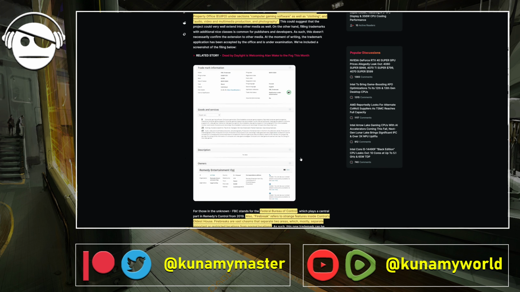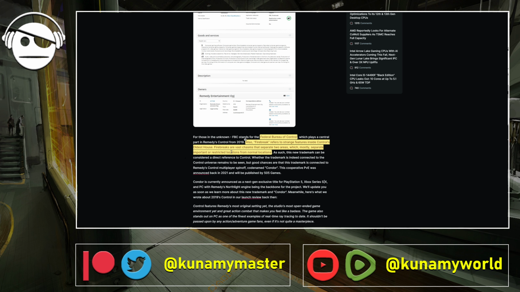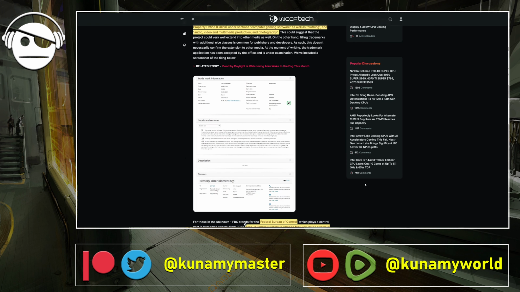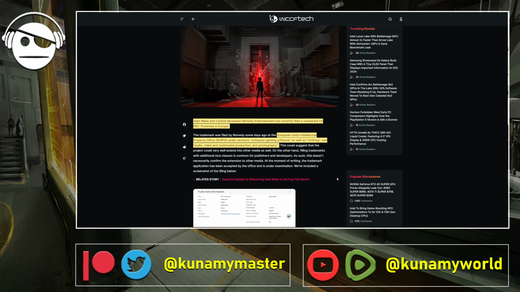Supposedly, as it says here, Firebreak refers to strange features inside Control's Oldest House. I don't know what this means, Oldest House. Firebreaks are vast chasms that separate two areas, mostly separating important or restricted locations from normal locations. I don't know what this is. In terms of gameplay, I will find out when I play the game, so it is what it is.